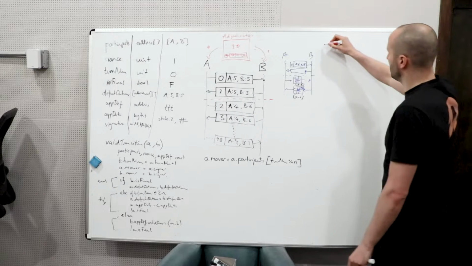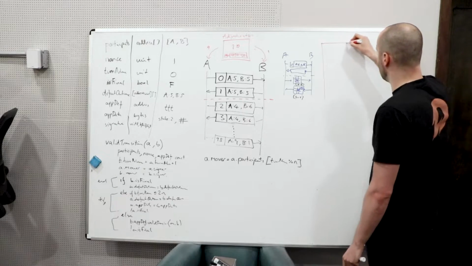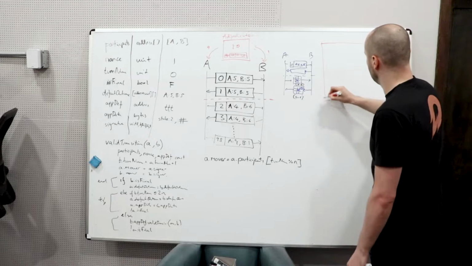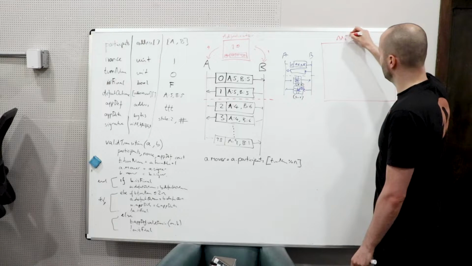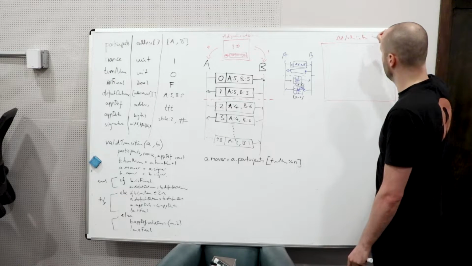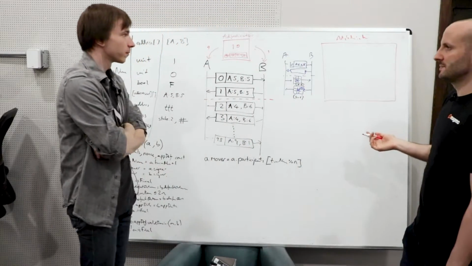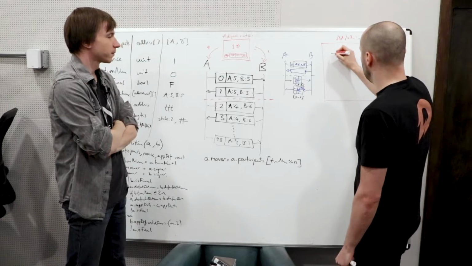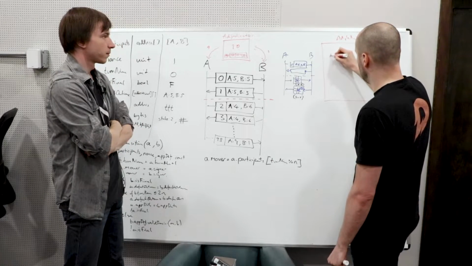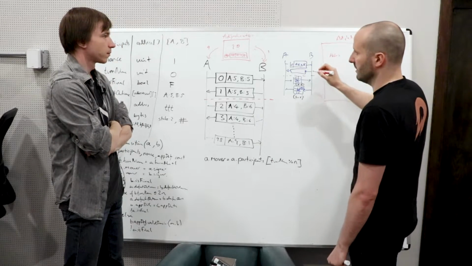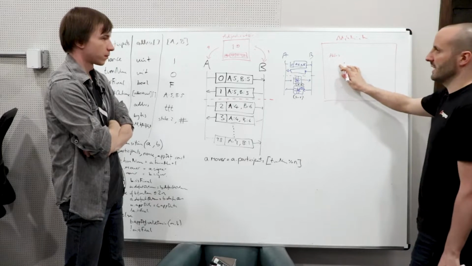So let's look a little bit more in depth at the adjudicator. So the adjudicator is basically like a system of balances. So it has addresses. I haven't talked about addresses yet.